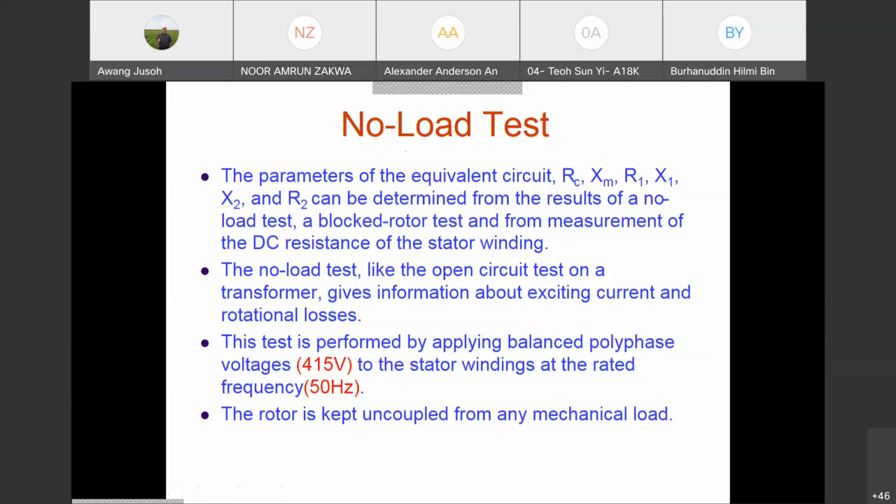And make sure that your induction motor shaft is not connected to anything. It is just free running. You don't connect to any load. So you supply the rated voltage with frequency 50 Hz, and you do the measurement. What is the measurement you need to do? The no-load power, how much power the machine consumes during no load.